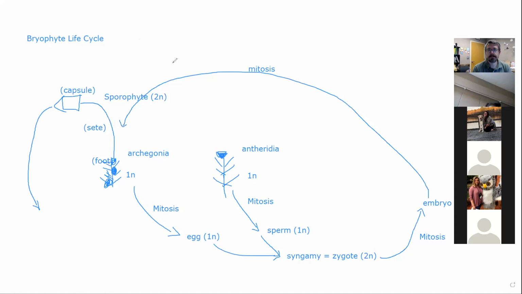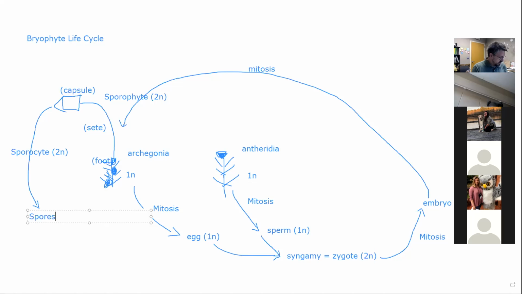Someone tell me. It's going to be spores. Yeah, exactly. Okay, so these spores, inside here, they're developed from something called the spore mother cell or sporocyte, which is 2N, that will produce our spores.